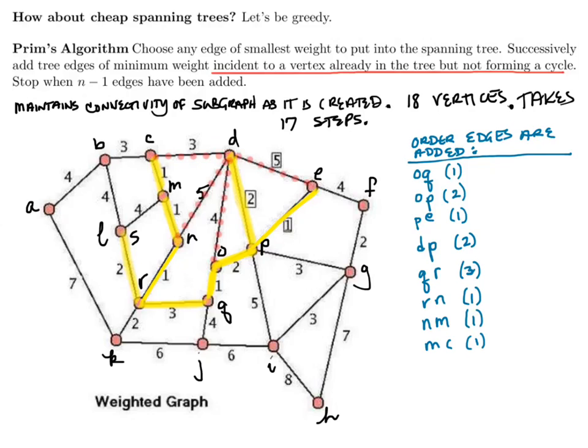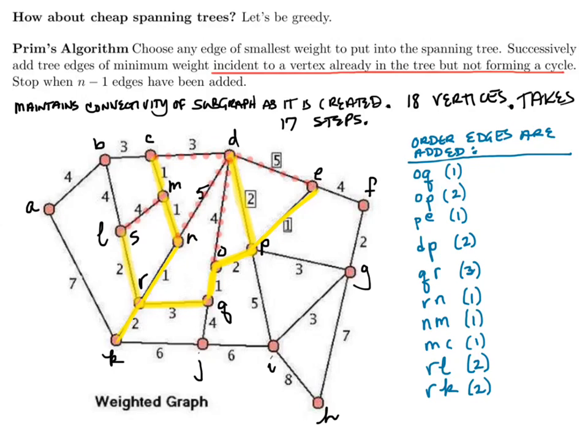And we've added RL of weight 2. Looking at vertex S, notice that we took away the edge LM because it forms a cycle, and then from vertex R, I'm going to add RK, also of weight 2.